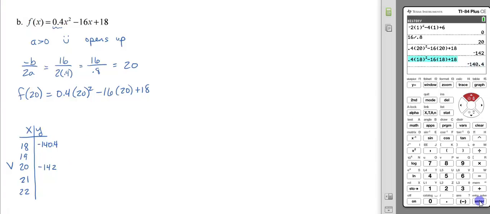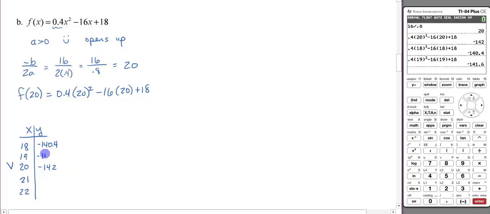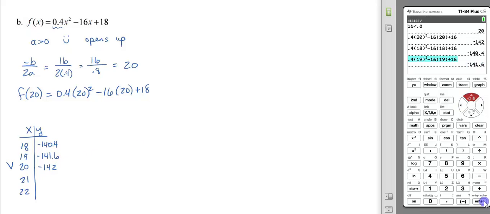Again, copy that expression. Replace your 18 with 19. Simplify, and you get a negative 141.6.